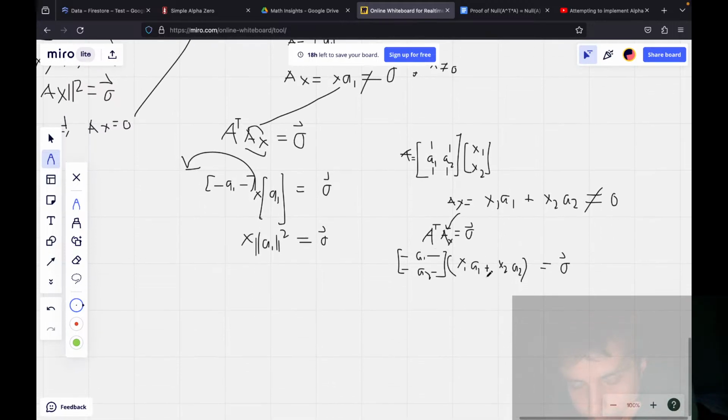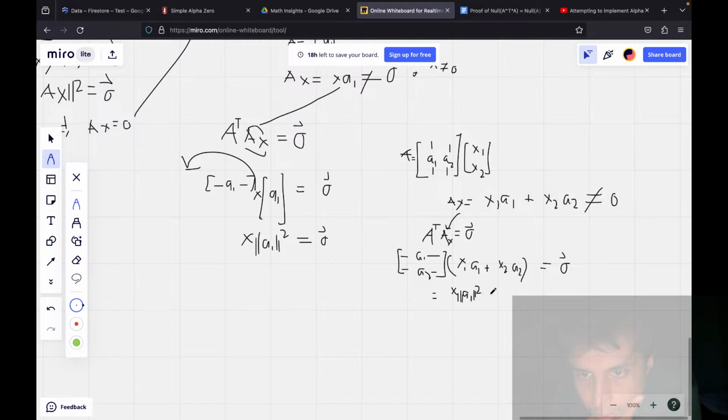So what's the first entry of this, right? This whole thing is basically x1, if you distribute, we'd get x1 and then a1 magnitude squared, which we know is non-zero, right? That's pretty nice.